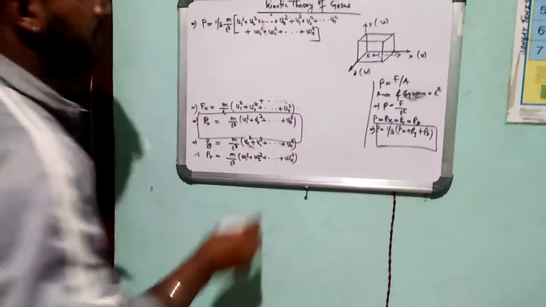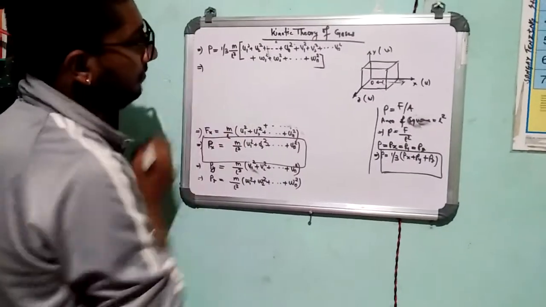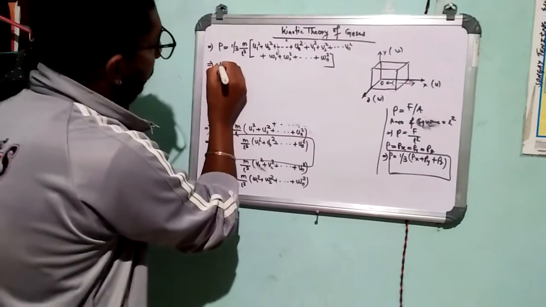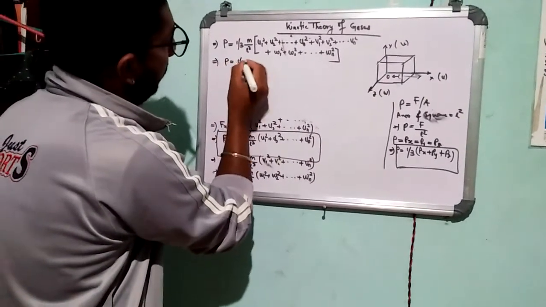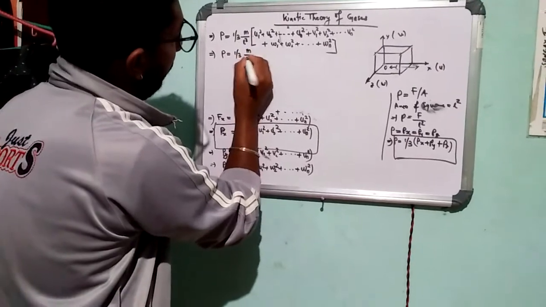You can write this now. P is equal to 1 by 3 m by l cube.